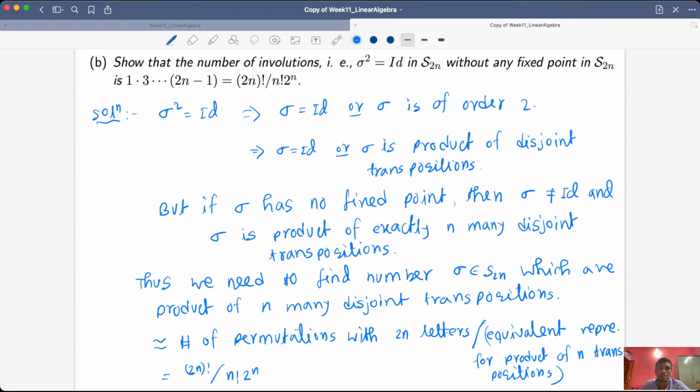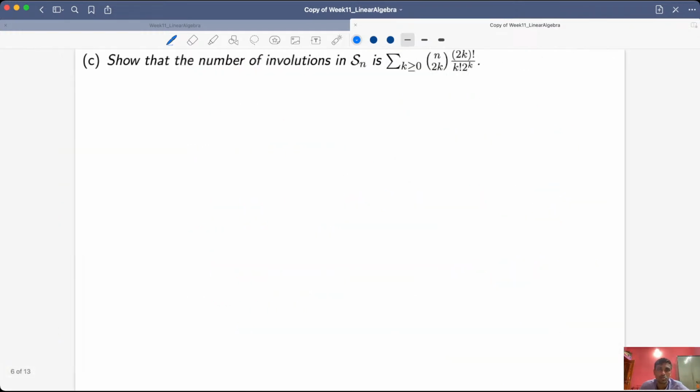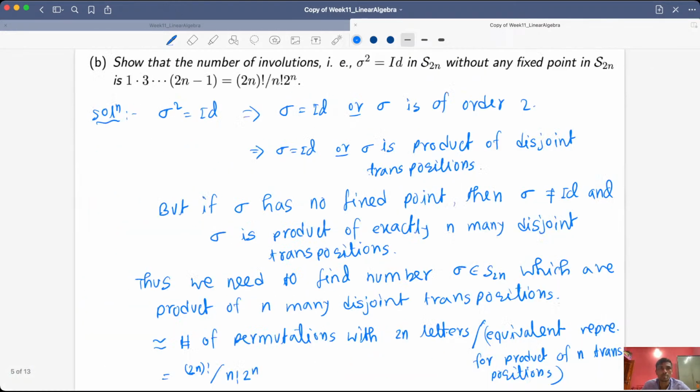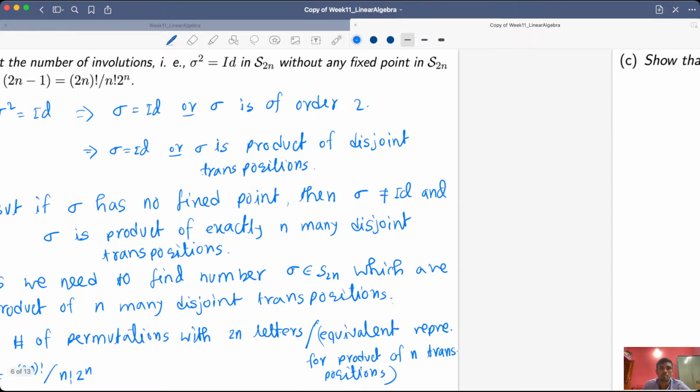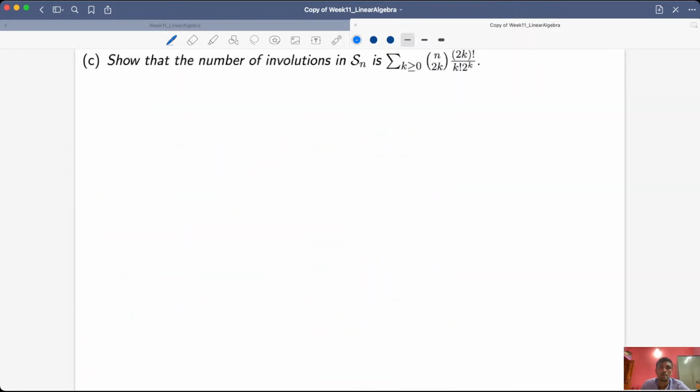Now let's see the number of involutions without any restriction. It may have fixed points, or it may not. This comes exactly from the previous thing, where you sum up all such involutions with 2k elements without any fixed point, and the remaining are fixed.